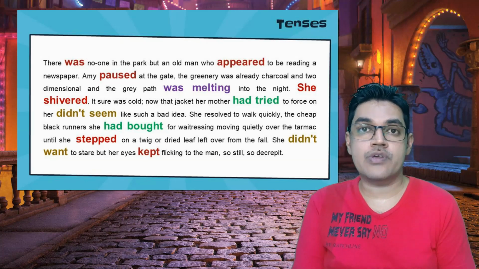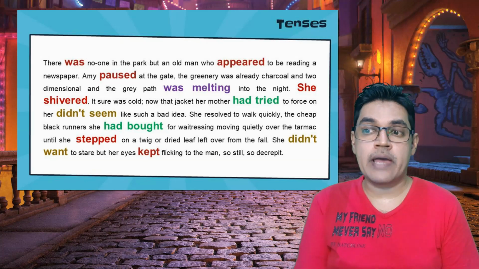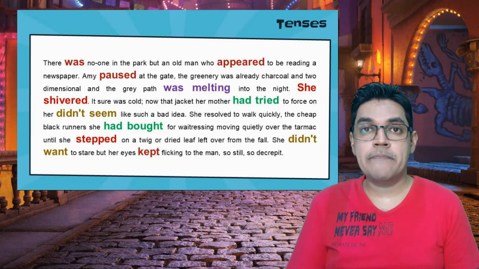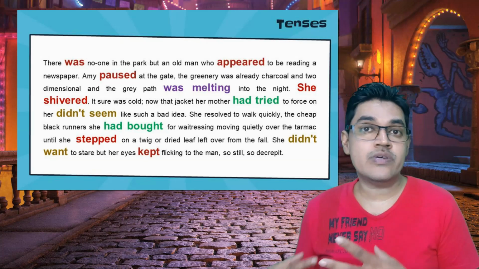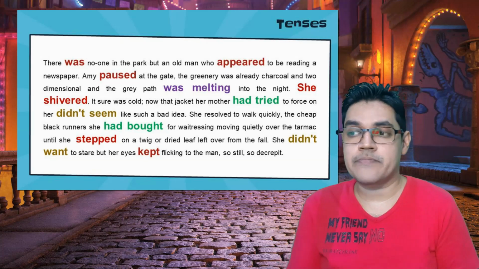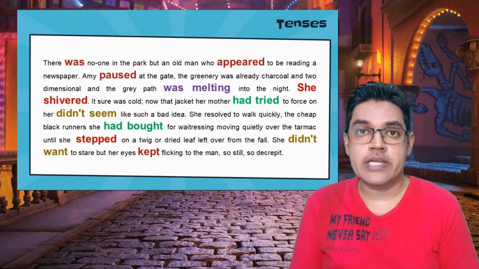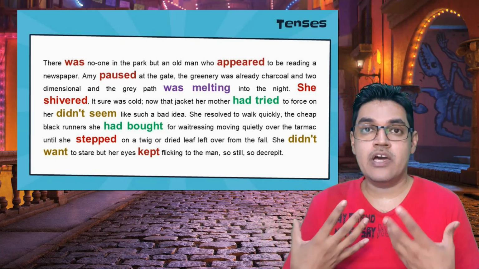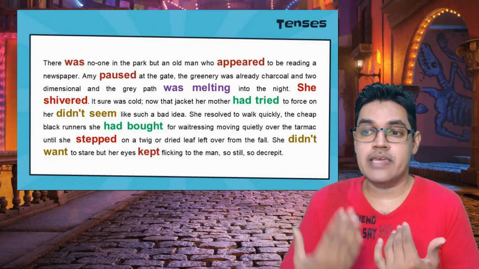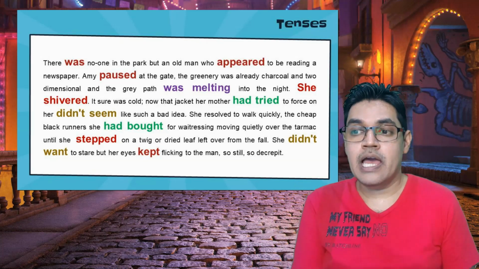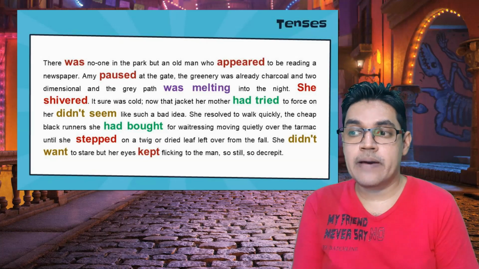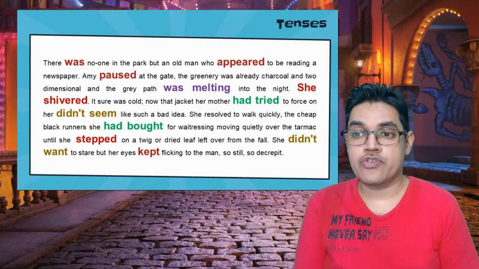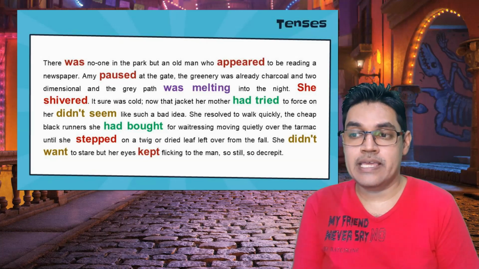The greenery was already charcoal and two-dimensional, and the grey part was melting into the night. Okay, so meaning to say a continuous action in the past, was melting. She shivered. Okay, the idea of her shivering is put in the past tense. It sure was cold. Now, that jacket her mother had tried to force on her did not seem like such a bad idea.